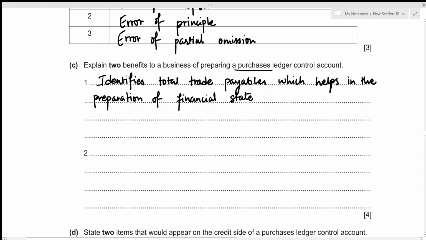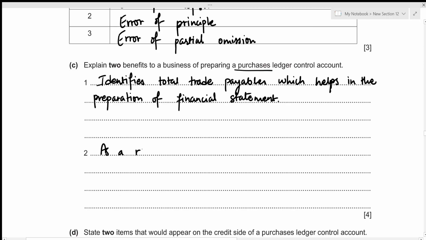Then secondly, we segregate the duties. So we do not assign the same person to prepare the purchases ledger account and the purchases ledger control account. So we assign these two tasks to two different people, which helps in the detection of fraud. So that's another advantage. Let's write it down.